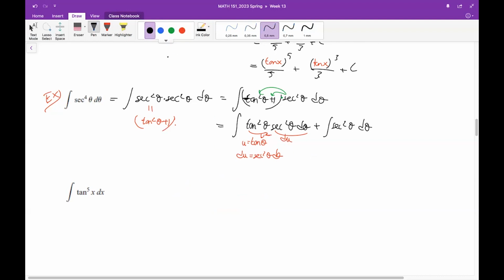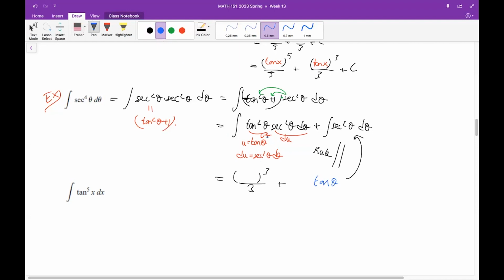Then let's start integrating. U square du is integrated as u to the power 3 over 3, right? And then this second integral we have. Tell me a function whose derivative is secant square. This is a rule, okay? This is not solving another example. You should learn this as a rule. Tell me a function whose derivative is secant square. There is such a function, and it is the tangent function, of course.